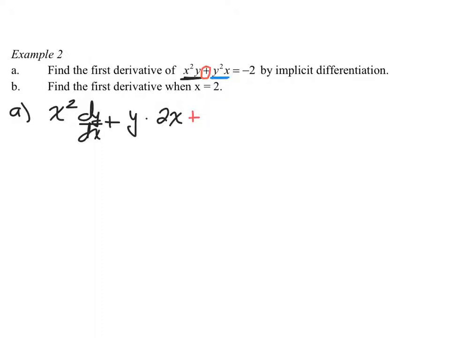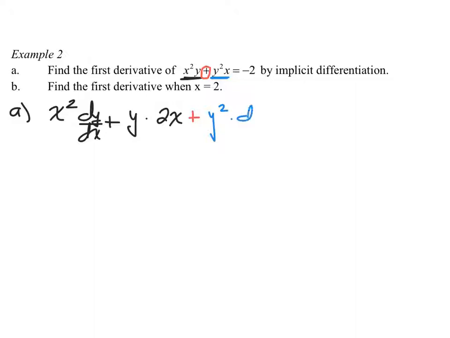Then we're going to add to that the derivative of y squared x. So first function, y squared, times the derivative of the second, which would be dx dx.